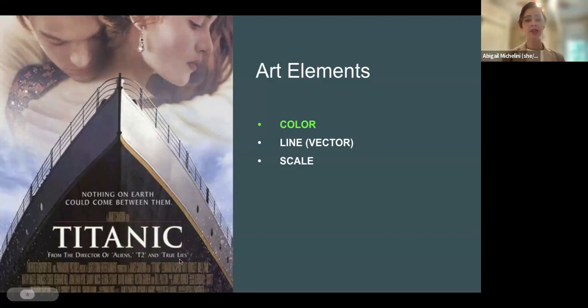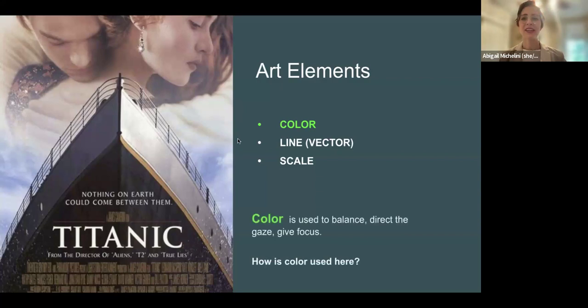Now, this color tells us these names are not very important because they're hard to read, especially against the black background. So the white writing pops. That's what they want you to look at, right? And we have colors here that tell us that maybe they're in heaven or their relationship is heavenly or above, that kind of thing. Now, color is balancing here. It's directing our gaze. It's showing us where to look, and it's giving it focus.